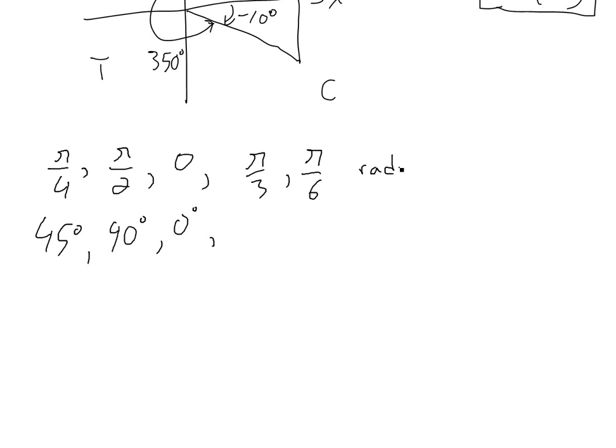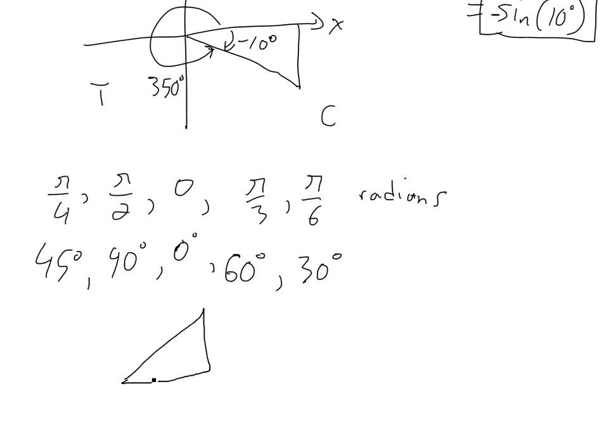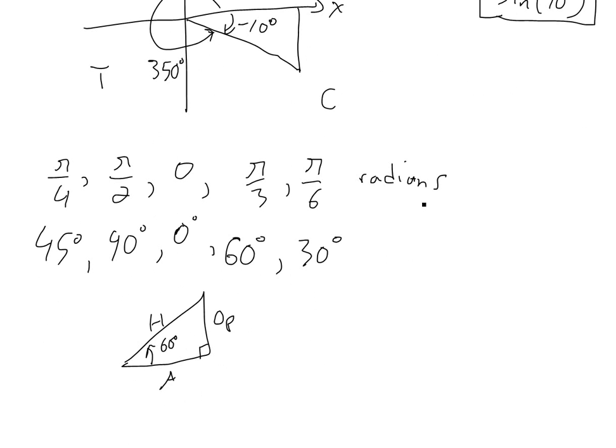This one is 60 degrees and this one is 30 degrees. I'll show another video on how you can get exact numbers without a calculator, with a triangle like that, and how you can get exact numbers for opposite, adjacent, or hypotenuse, and get the exact sine without a calculator.